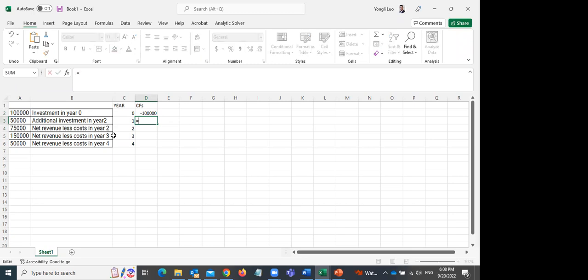The second year additional investment also goes out of your pocket, so negative. Okay, the net revenue less your cost in year 2 is positive. So that is going to be positive, because that is always revenue.